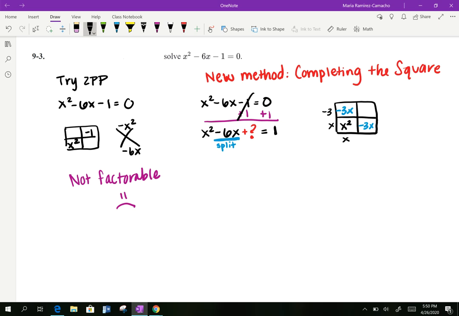square. Here's why it's a square, because you have the same length and width. Same length, same width.